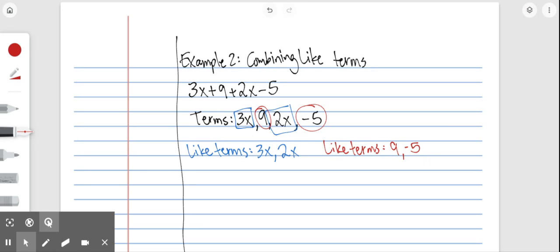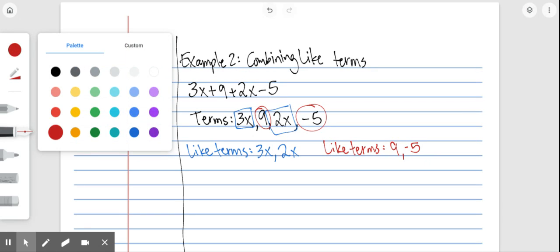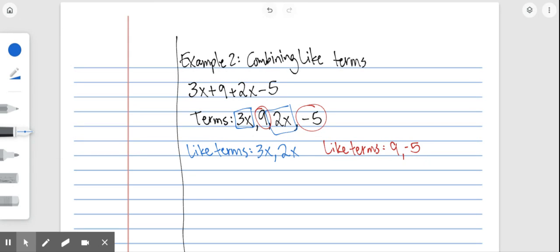So when we want to combine like terms, basically what we do is we take our original expression and all of our terms from it and reorder them so that the like terms are next to each other. So I'm going to start with my x's. Okay, I know that 3x is positive, so my new expression is going to be 3x plus 2x, because I moved these two terms so that they were next to each other.